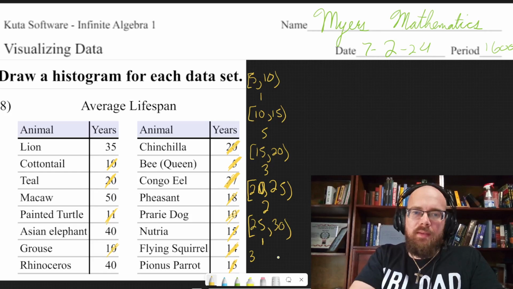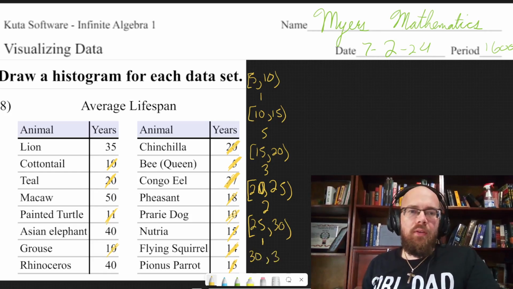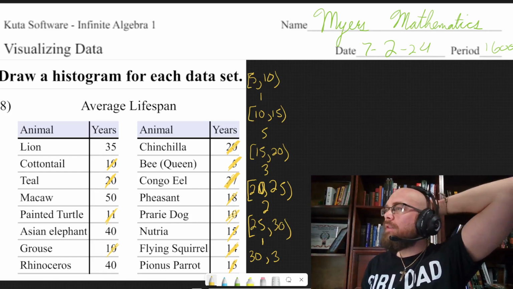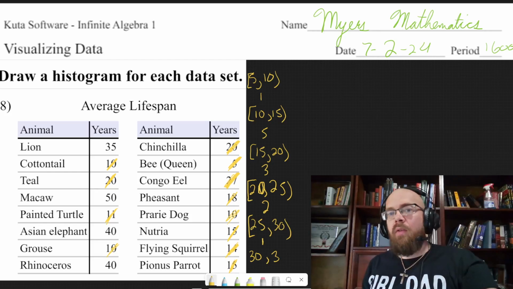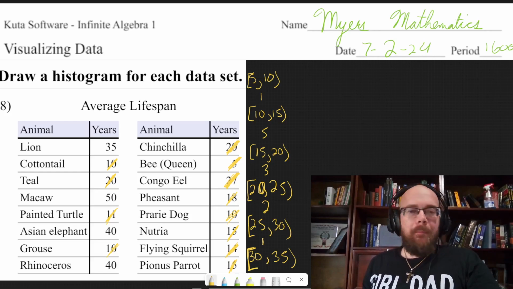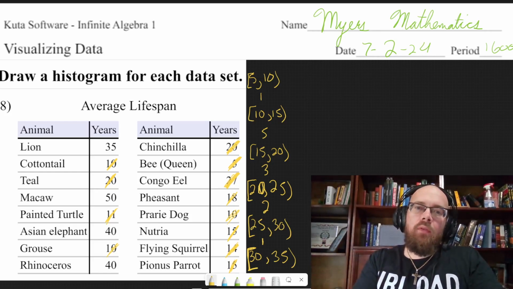Running out of space here. 35. Okay, 30 to 35. And you know what? Where else can I draw? Could I draw right there? No, you guys wouldn't be able to see it. Maybe here's what we'll do. We'll put our histogram above my face, and then we'll clear out a couple of these.